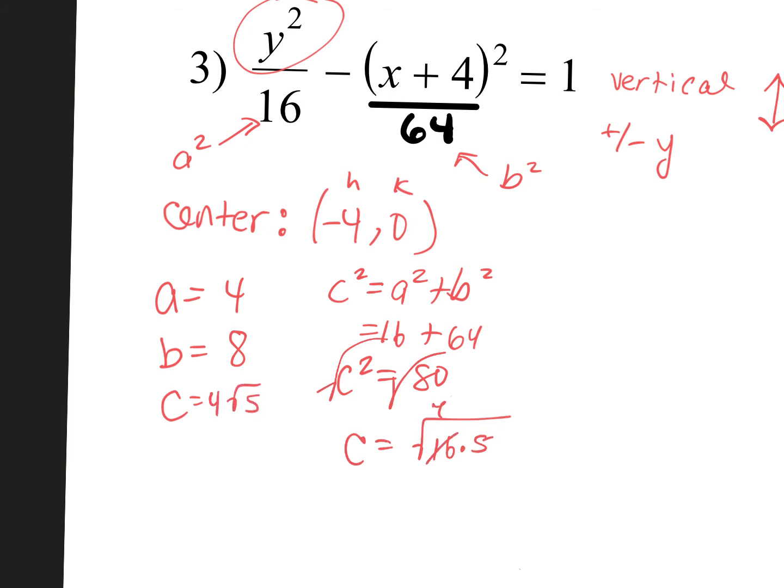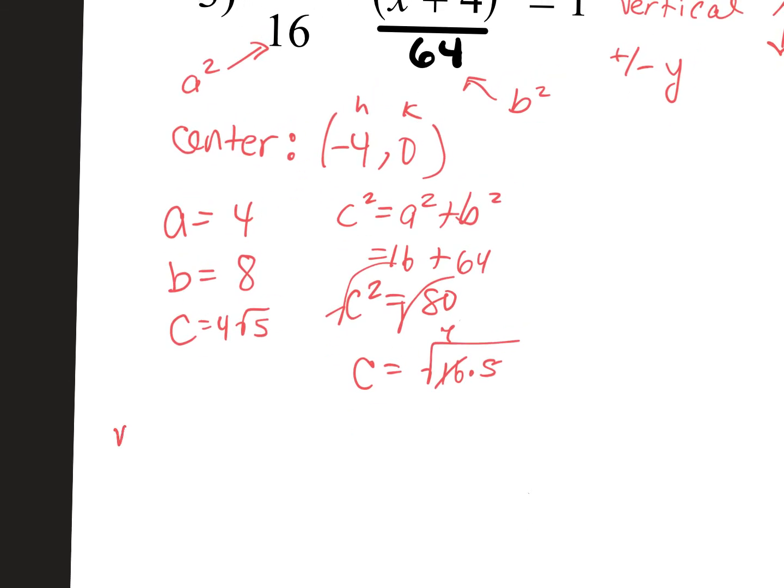Good. So now we're going to identify all the stuff. We're going to identify the vertices, the foci, and the asymptotes. So remember, vertices goes with what value? A. Think about it. Remember, we're adding and subtracting to what part of our center?